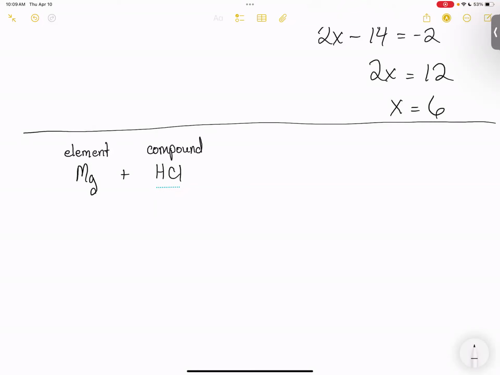In a single displacement reaction, the element is going to replace the cation of the compound, meaning magnesium is going to replace hydrogen, leaving hydrogen by itself.